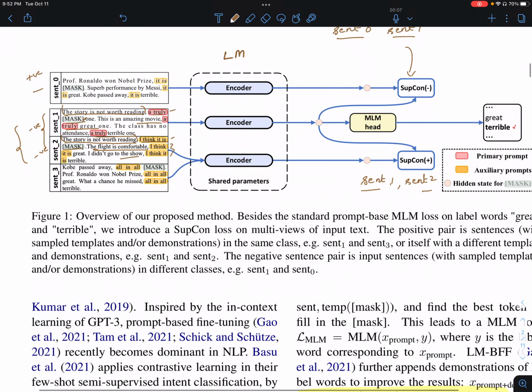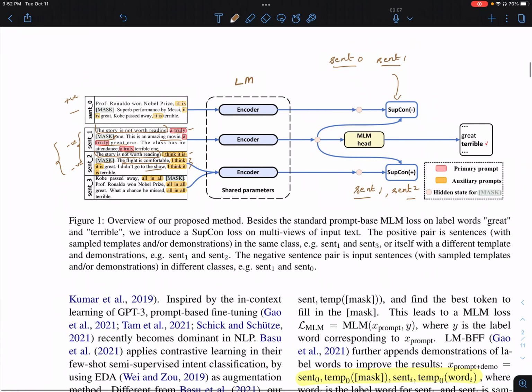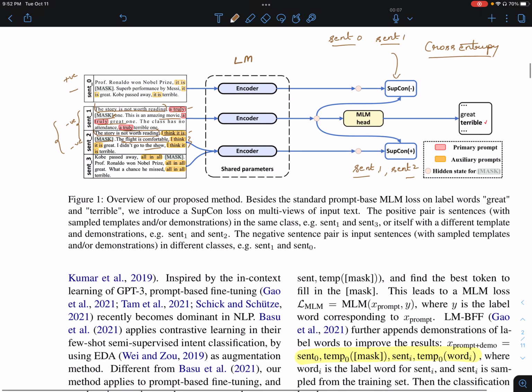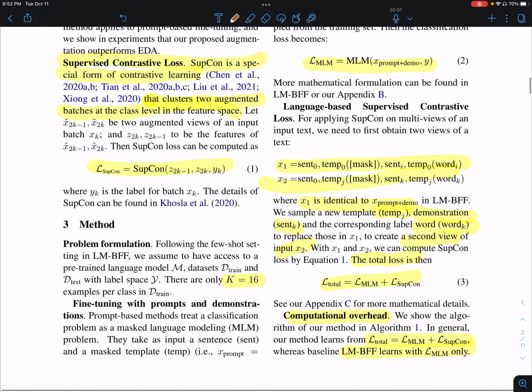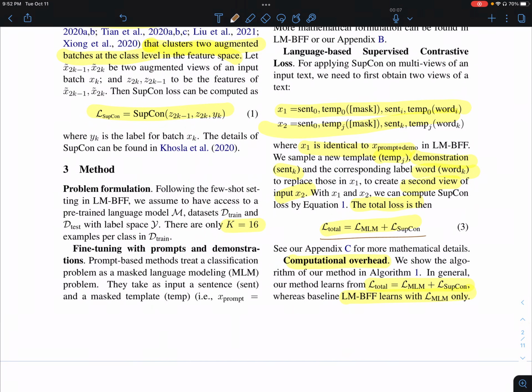Here what they do is, along with the language modeling objective, which is a cross entropy loss, they also add the supervised contrastive learning framework loss, right? So for each batch, they add both the MLM objective, which is a cross entropy loss, as well as the supervised contrastive loss.